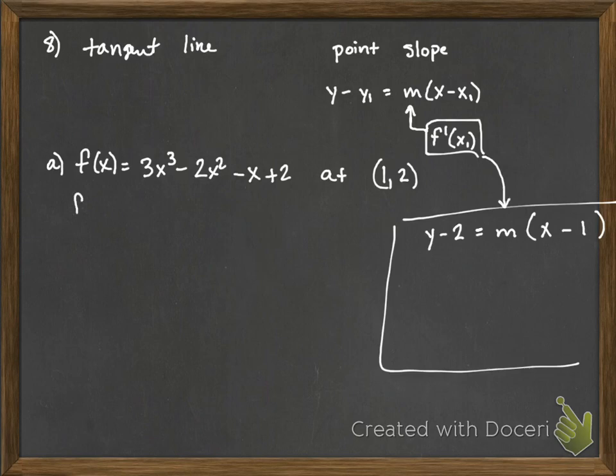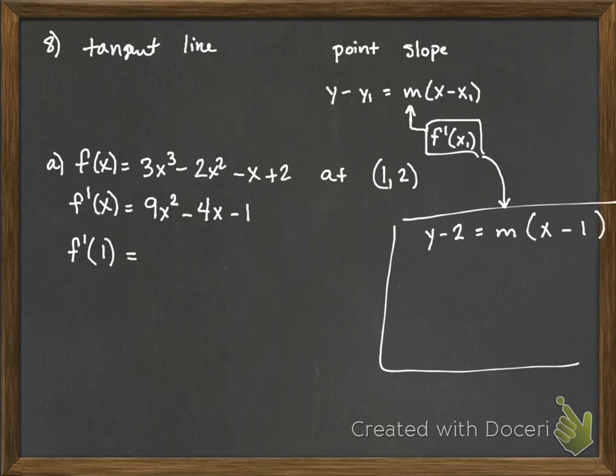All right, so in order to do that, we need to take the derivative of f of x. So the derivative of f of x, we have 3 times 3 is 9, so 9x squared, minus 2 times 2 is 4, so 4x, minus 1. All right, and so what we're going to look at is, what is f prime at our x1 value? Well, our x1 value happens to be 1.